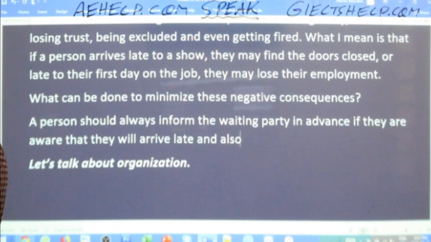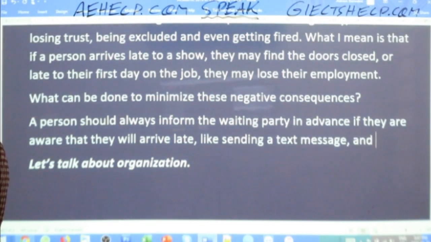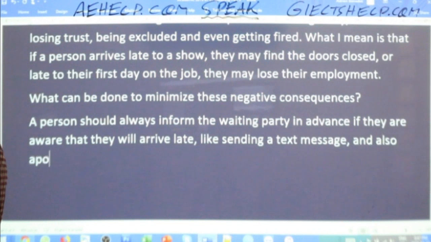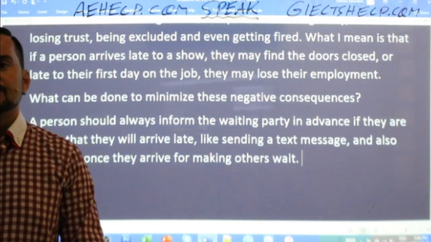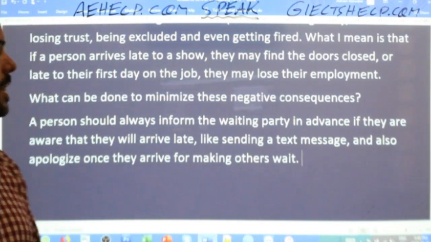And also, you can even throw in sending a text message. And also apologize once they arrive for making others wait. Okay, that's a good answer. Doesn't have to be overly complex.